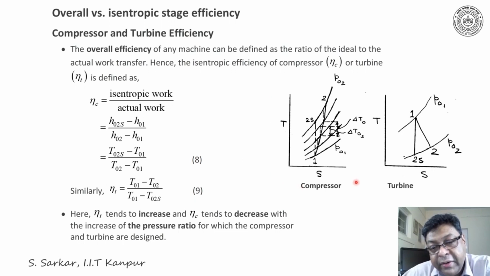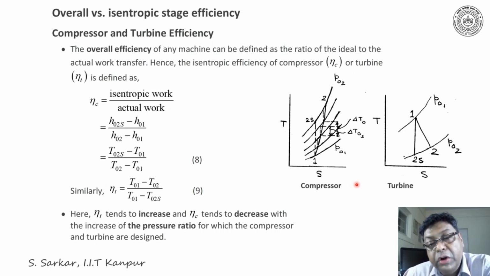Look here, the TS diagram represents the compression process of a compressor where P01 is the total pressure at inlet and P02 is the total pressure at the exit of compression. And this compression occurs through a number of stages.